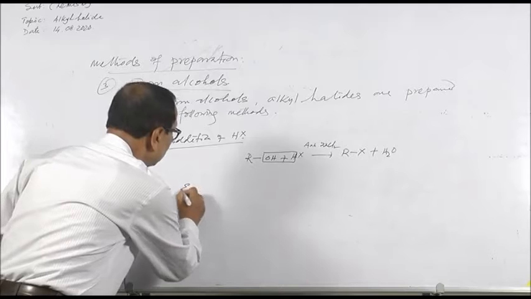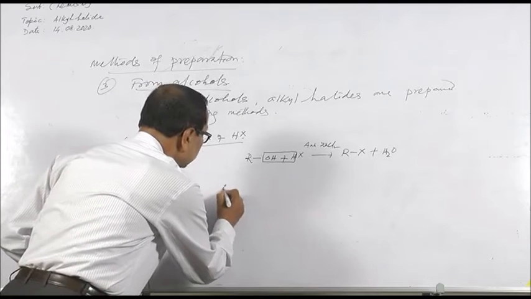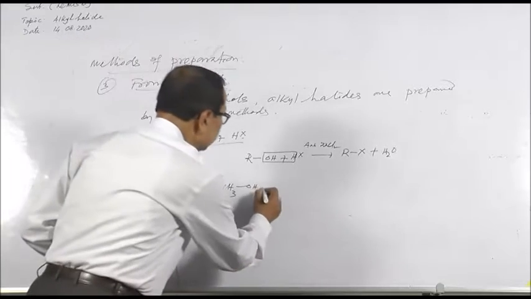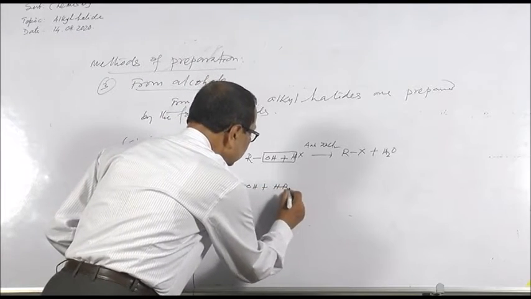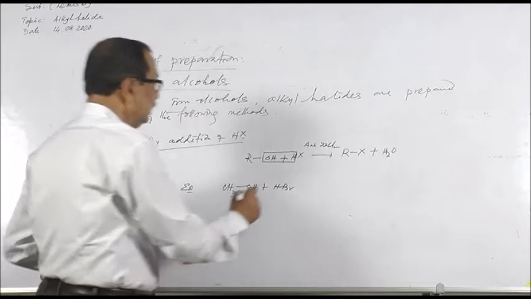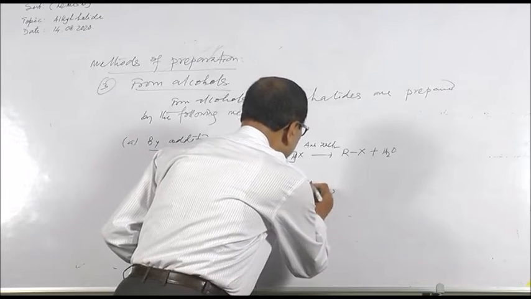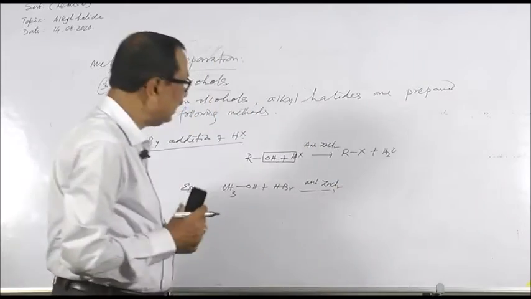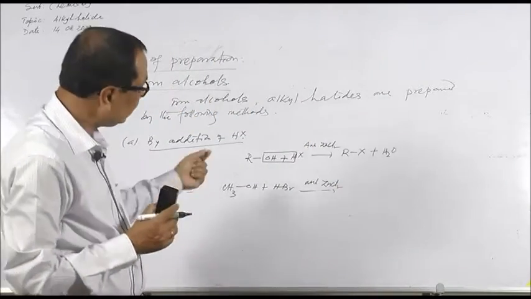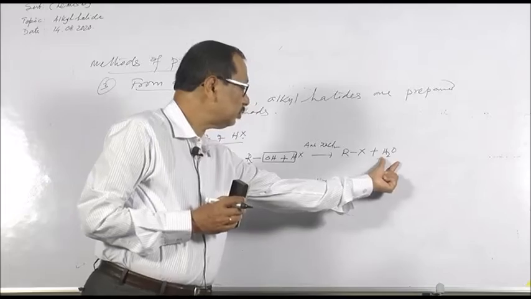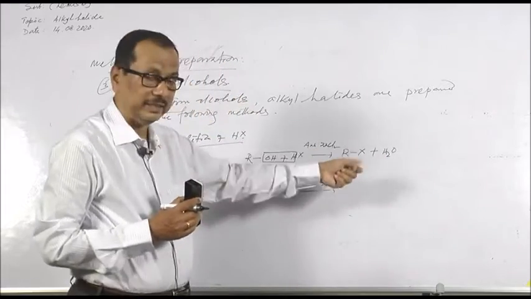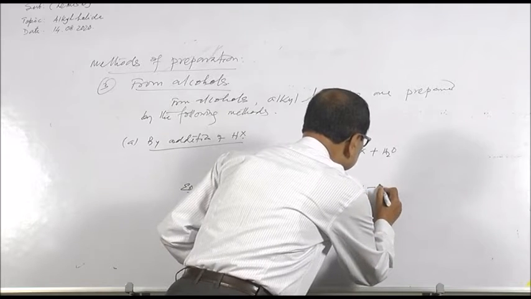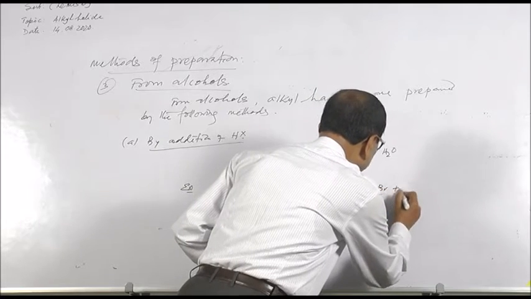For example, if we take CH3OH and treat it with HBr or HCl in the presence of anhydrous zinc chloride, zinc chloride acts as a dehydrating agent. It takes away the water molecule so that the reaction proceeds in the forward direction. Hence the product is favored: CH3Br plus water.